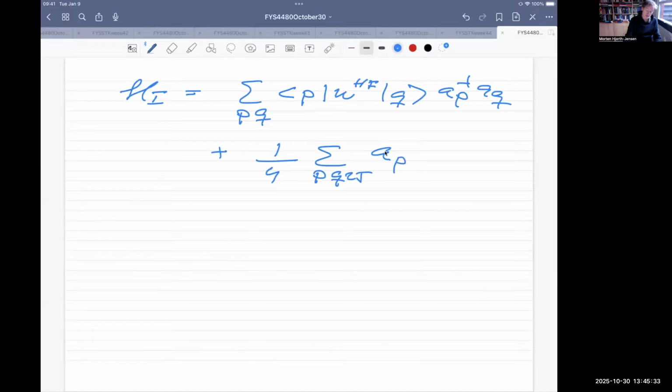So we have a_p† a_q† a_s a_r, multiplied with the integral ⟨pq|v|rs⟩ anti-symmetrized.